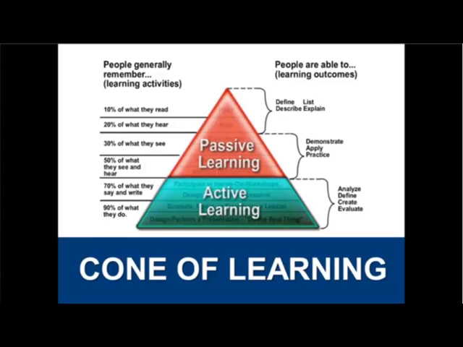People generally remember only 10% of what they read, 20% of what they hear, 30% of what they see, 50% of what they see and hear. The top 50% is the passive learning side. What we focus on is the active learning side, and let's go over that.